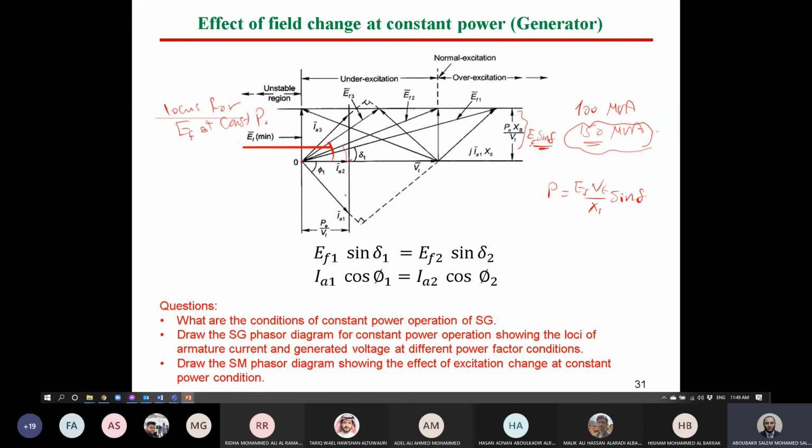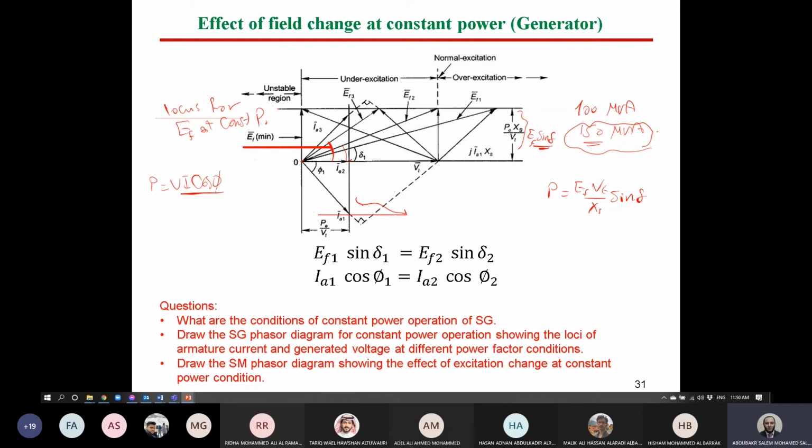Why? Because if we take the general equation of power, you know power equals V I cosine phi. So if I cosine phi is constant, this means P over V is constant, and V is constant all the time. So this is also a constant power line.